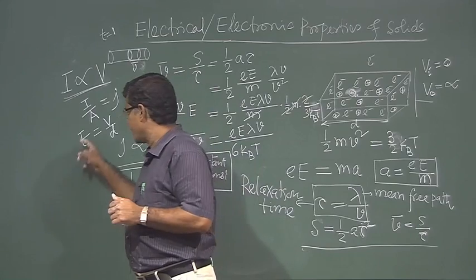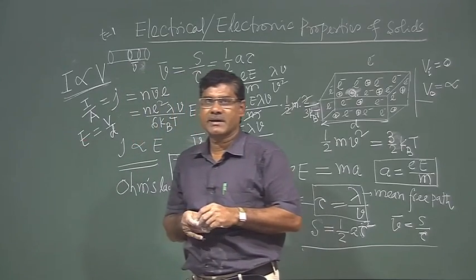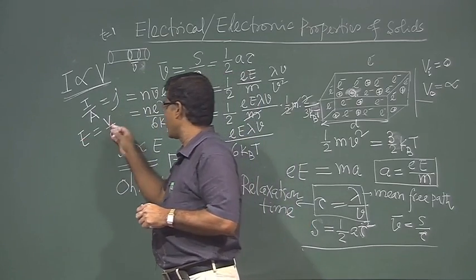Electric field is basically the potential gradient, V by D.